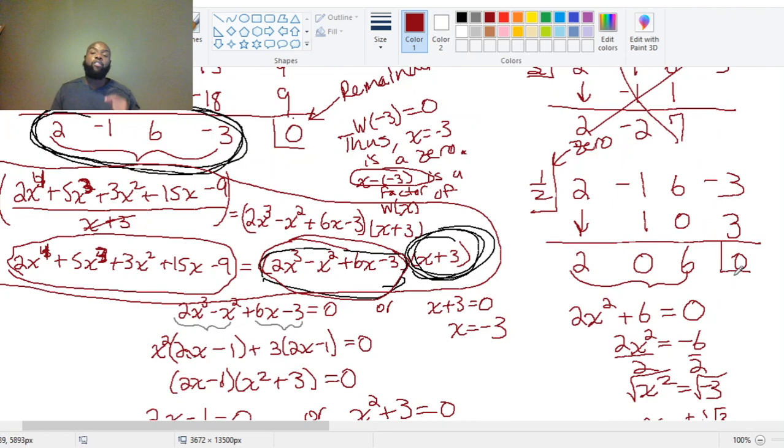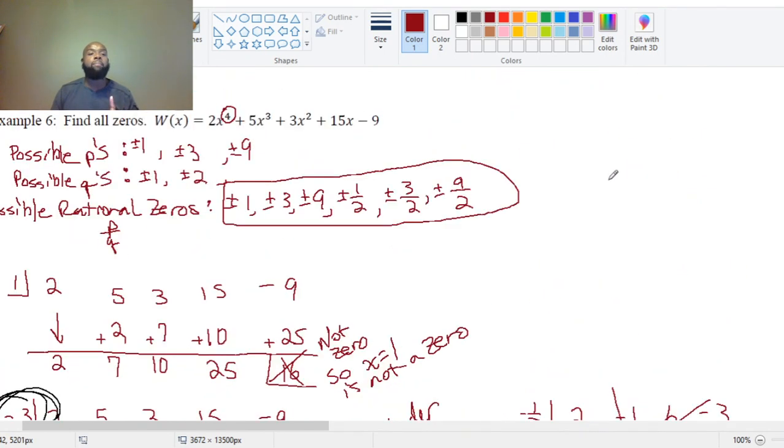Generally, we like to tell people to do synthetic division until you get to 3 terms in your quotient, which means you have a quadratic equation. And when you have a quadratic equation, you can use the quadratic formula or completing the square, and they'll always give you your last two solutions. So generally, I'm just going to recap, right?